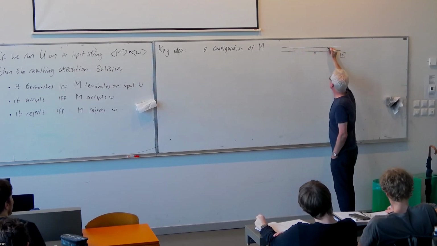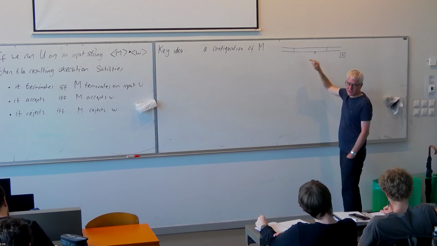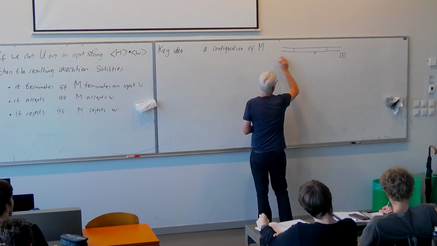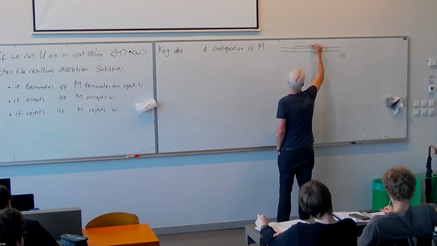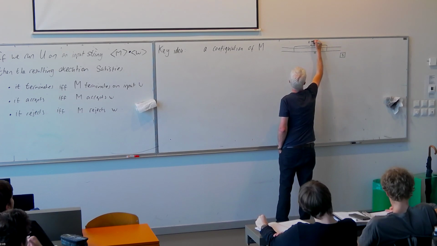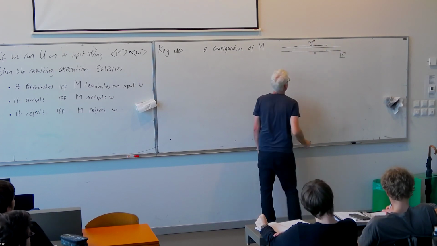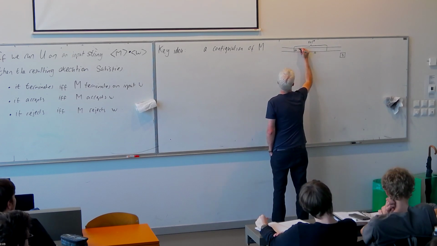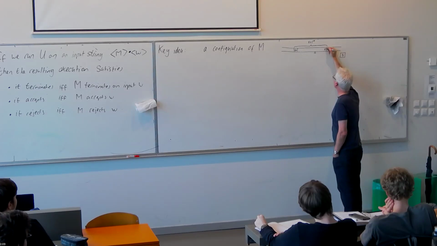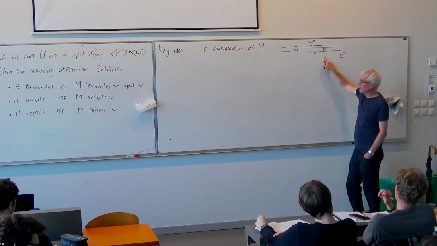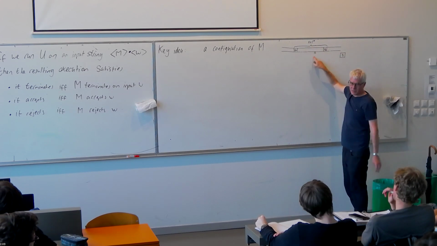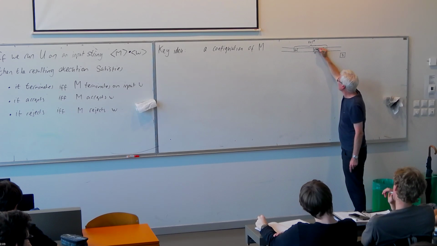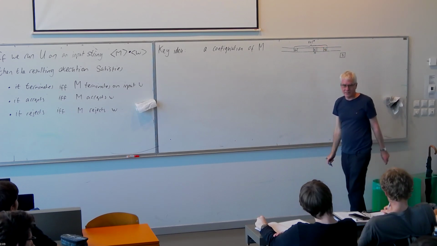There might be some blanks in there, but everywhere outside this portion is blank. I'm going to call this V. Here we've got a V, which is the word over the tape alphabet of the Turing machine, V0 for the first, let's suppose it's got K different elements, and the head position is going to be somewhere. We can always expand this so that it includes the head position. So we'll suppose the head position is I.